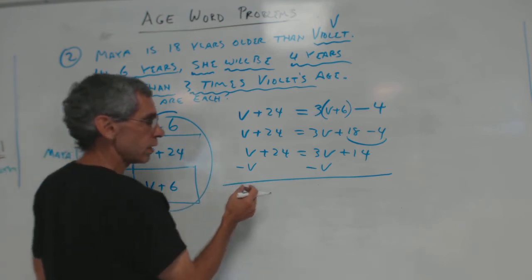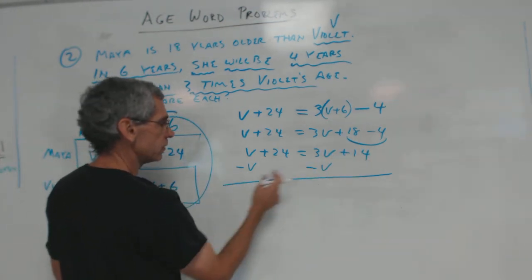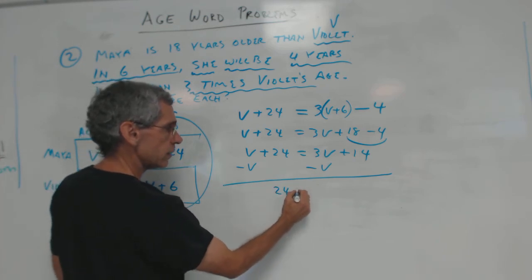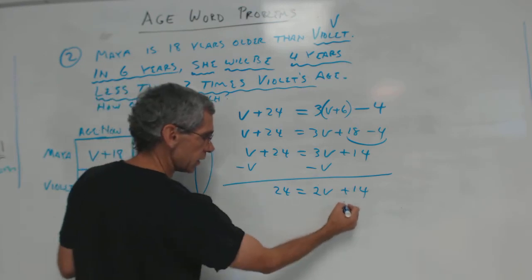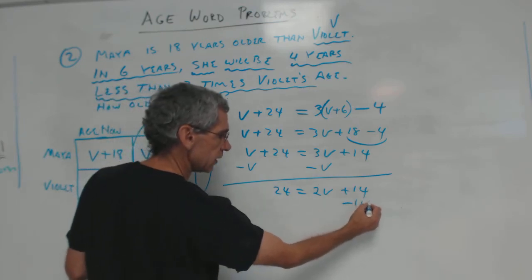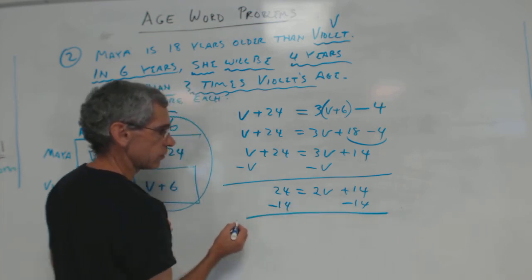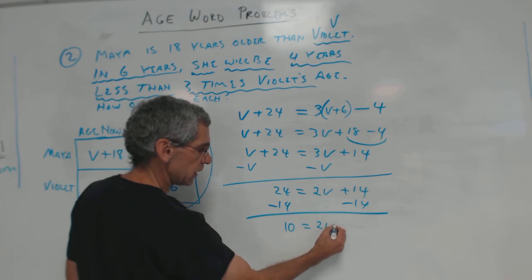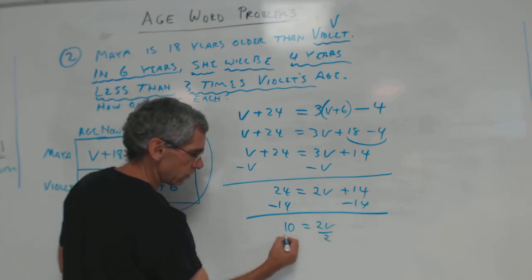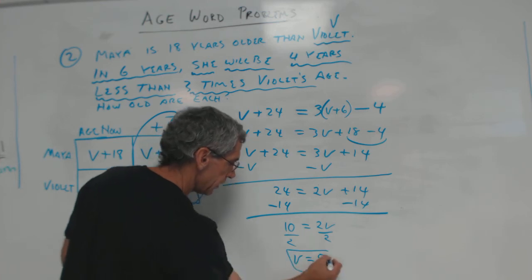All right, I'm just simplifying, right? And then, now I'm subtracting my V's. So I have 24 is equal to 2V plus 14. I want to get rid of my 14 because I want my V's all by themselves. So you subtract that. And then I've got 10 is equal to 2V. Divide by 2, divide by 2. V is equal to 5, right?